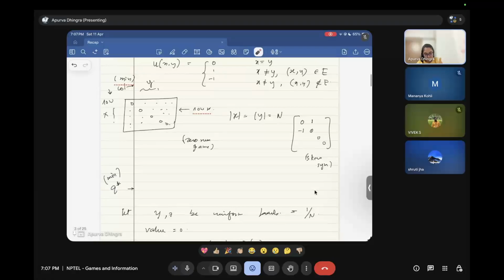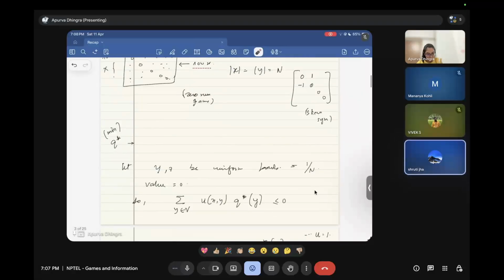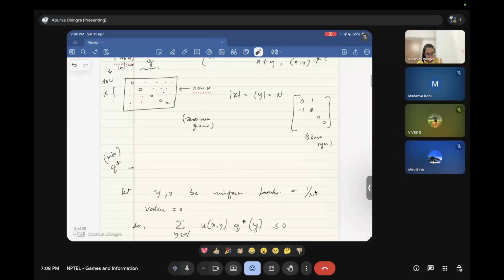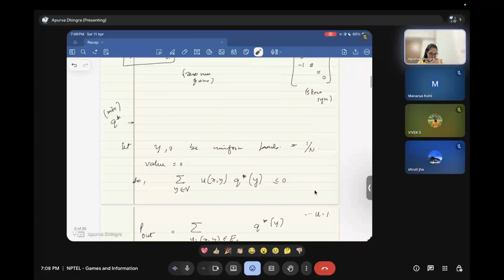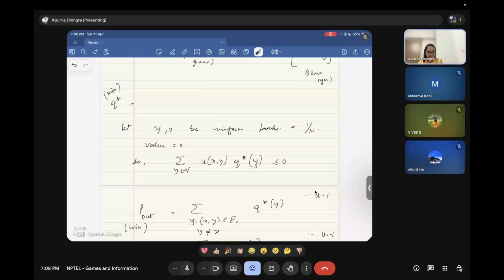So each of these has some probability assigned to it. Yeah, okay. It needs to be true for all x. So you take one row at a time and then do this. Correct.